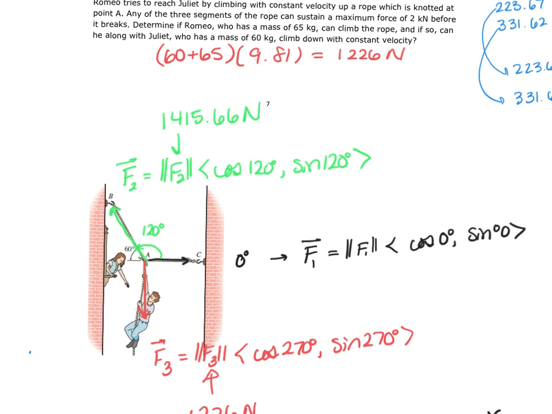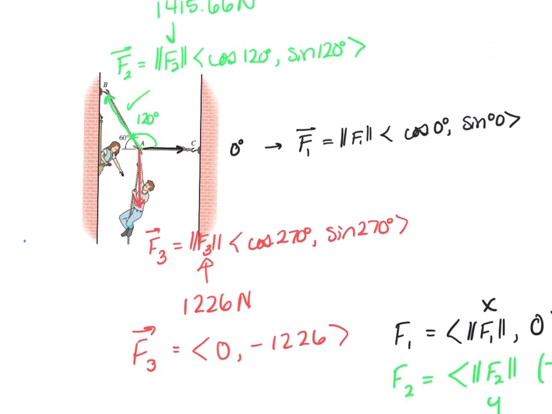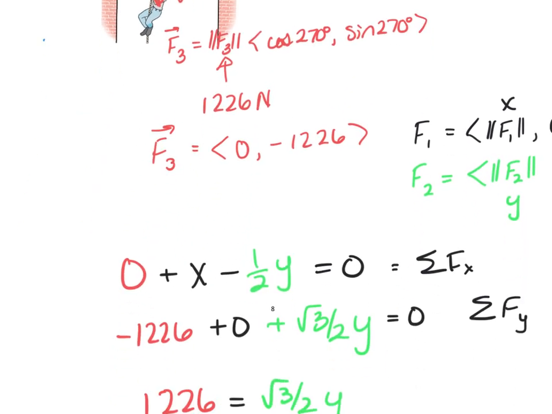All the ropes can take 2 kilonewtons, but this one is less than 2 kilonewtons. So we know that this rope right here is okay. It's not going to break. We also know the downward tension, which was 1,226 newtons. That one's not going to break.